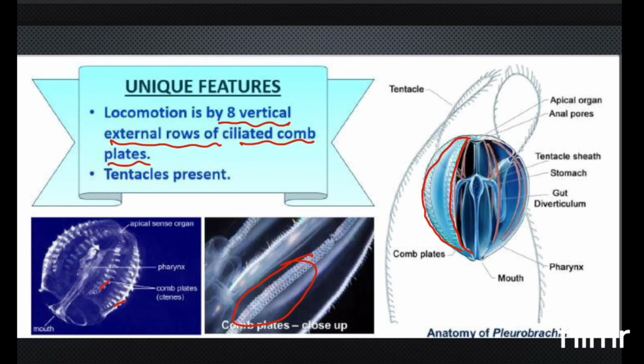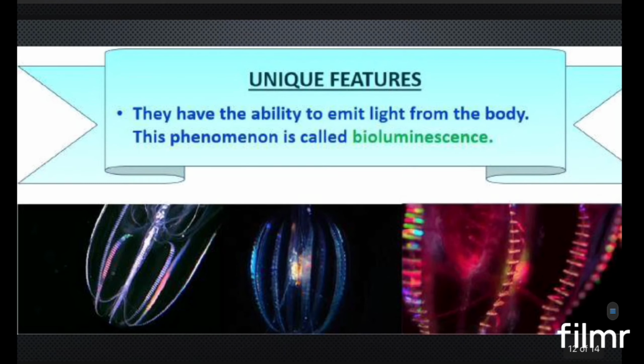There are 8 vertical external rows of ciliated comb plates present, and along with that there is a long tentacle present in their body, right? Which is actually originating internally. So this is the unique feature of comb jellies, or you can say the Ctenophora, right? Another very important feature of these comb jellies: I told you these 8 vertical comb plates are there.